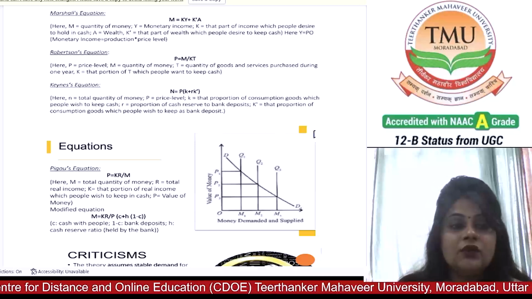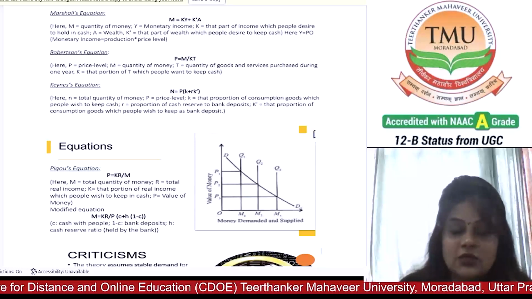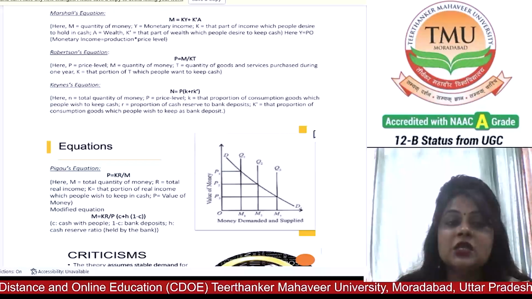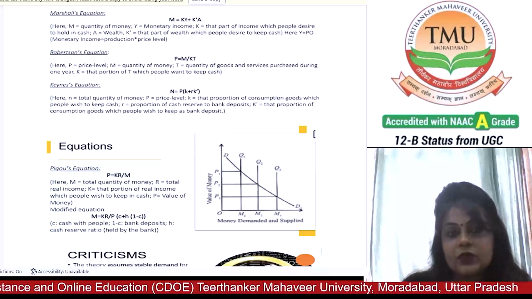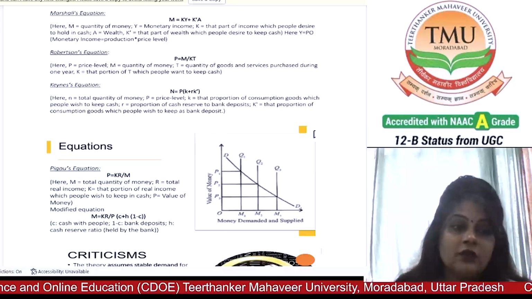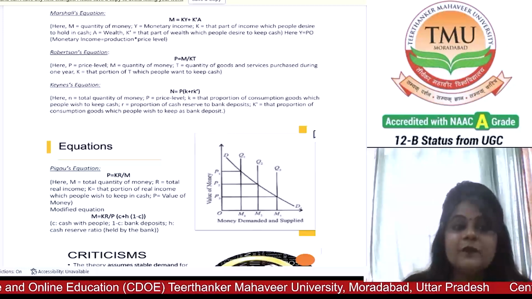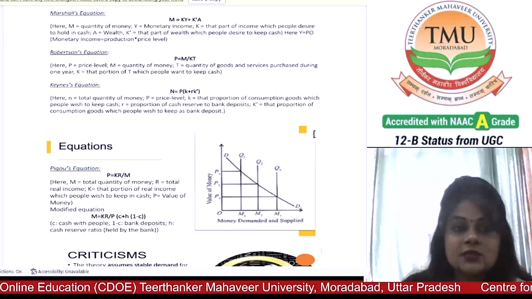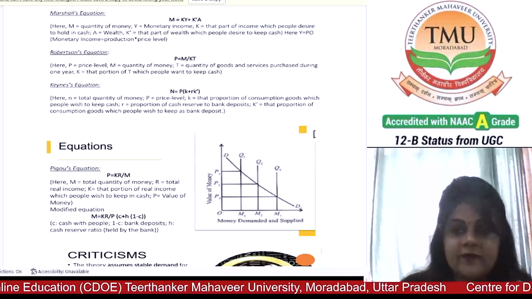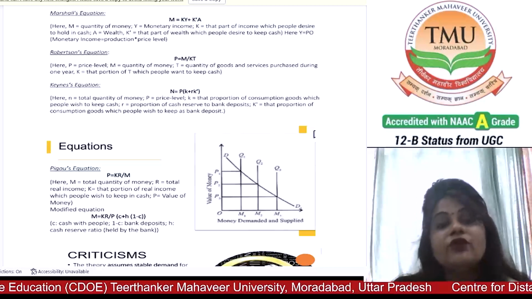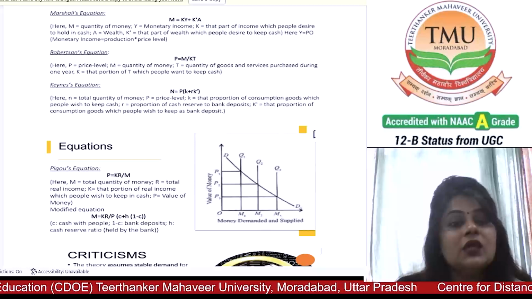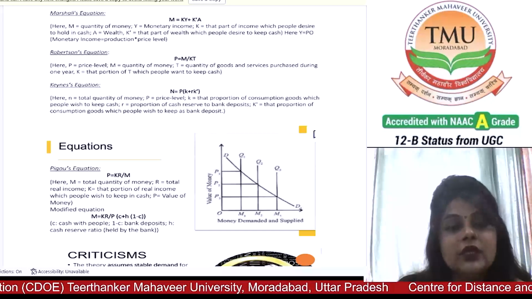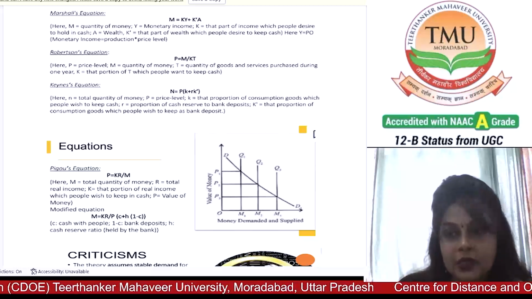If K, K dash and R are assumed to be static, then P will change according to the changes in K. Keynes' equation considers the demand for money from a practical point of view. It analyzes the value of money in the short period because Keynes says that in the long period we are all dead. The demand for money in the short period is static. This equation combines both legal tender money and credit money.